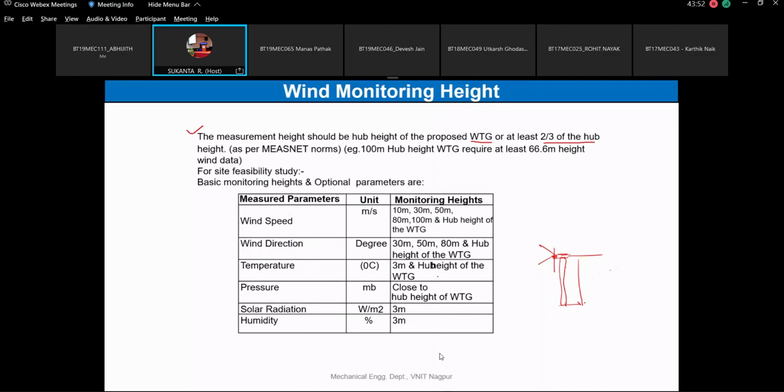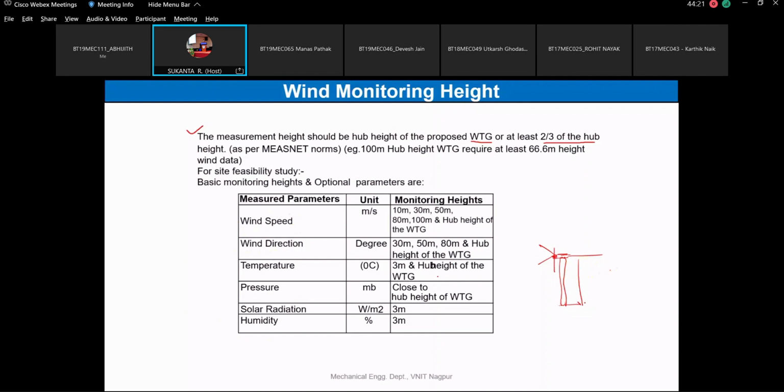And if there is some terrain, means if there is some building or some trees, at that time the one anemometer must be above the terrain, above the height of that terrain. At the same height we are talking about, not top of the building or top of the tree, but at a similar height.